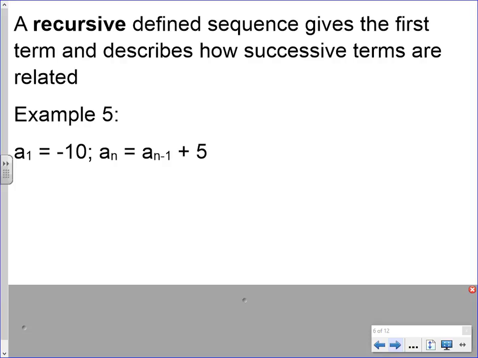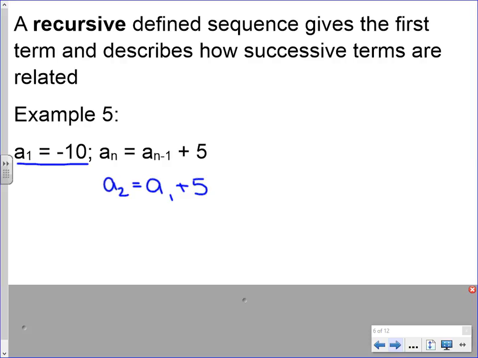All right, so they have given us a sub 1. Now let's imagine finding a sub 2. Well, this means our n is 2. So this n minus 1 becomes a 1. So basically this is saying the second term is the first term plus 5.